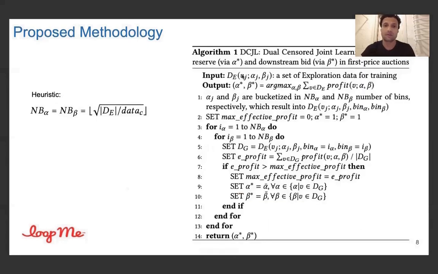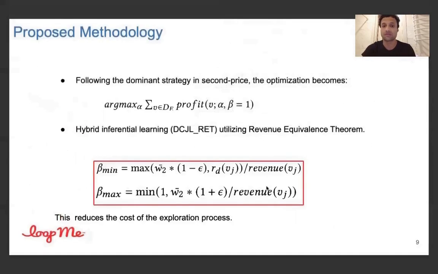With the collected exploration data DE, we pick alpha and beta that maximize the profit function. We utilize binning to group the continuous values into a smaller number of bins, NB alpha and NB beta. The means of the alpha and the beta from the bucket that maximizes the profit are chosen for the exploitation.